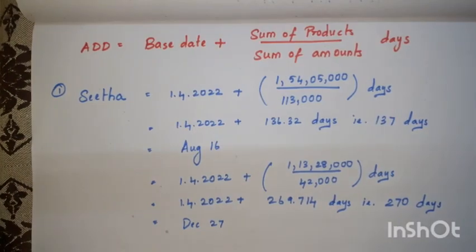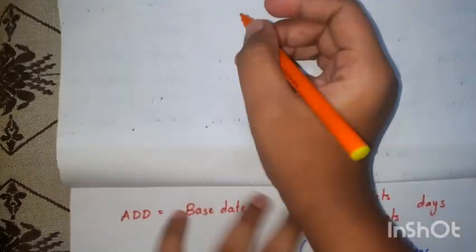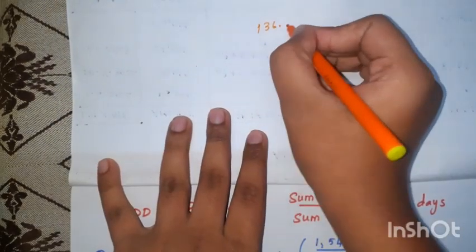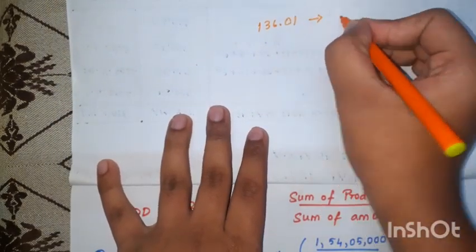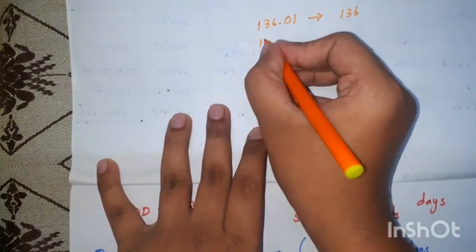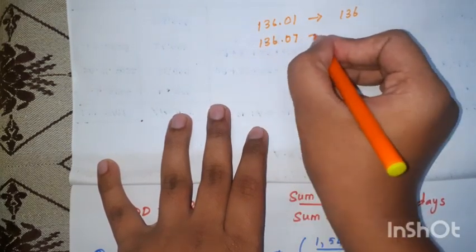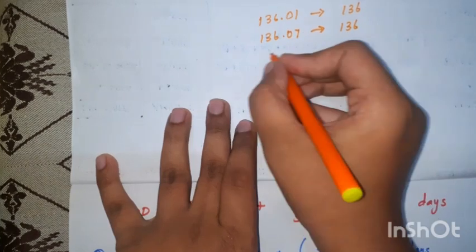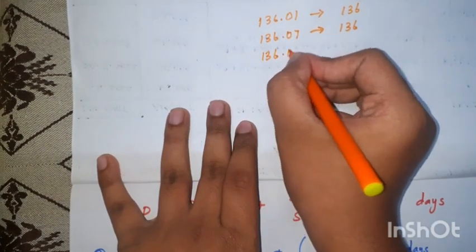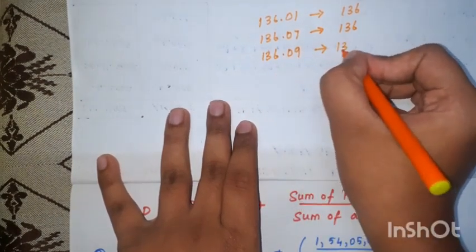Now we are going to see how to round off the days. If you get the answer as 136.01, you have to round it off as 136. If you get 136.07, you should round it off as 136. Even if you get 136.09, you should still round it off as 136.